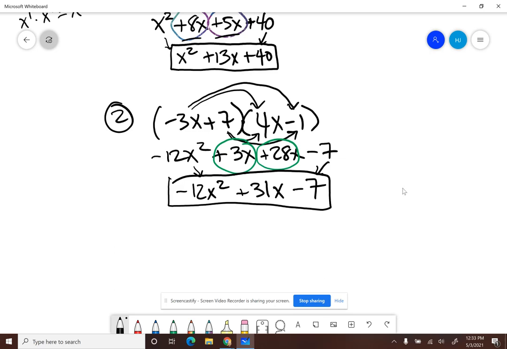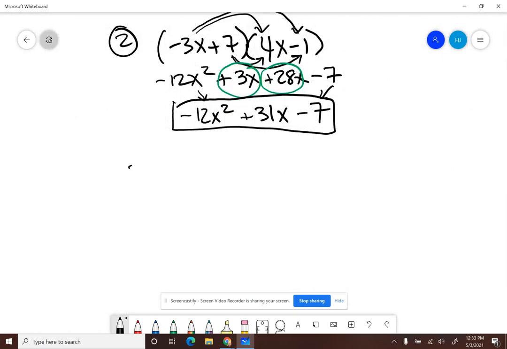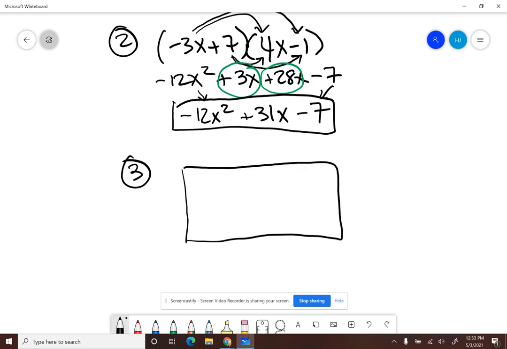Now this last one's going to be a little bit more difficult, but it is definitely something we can do, and it's going to bring a little bit of geometry back to you as well. I know you guys are going to be really excited about that. So I want you to imagine that you have a rectangle, and the dimensions of this rectangle just happen to be 5x minus 1 and 8x plus 3.